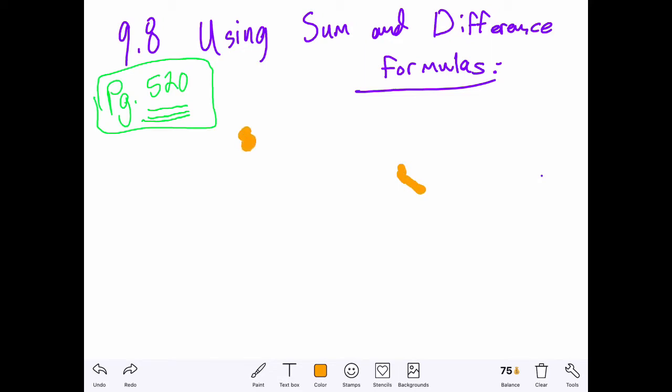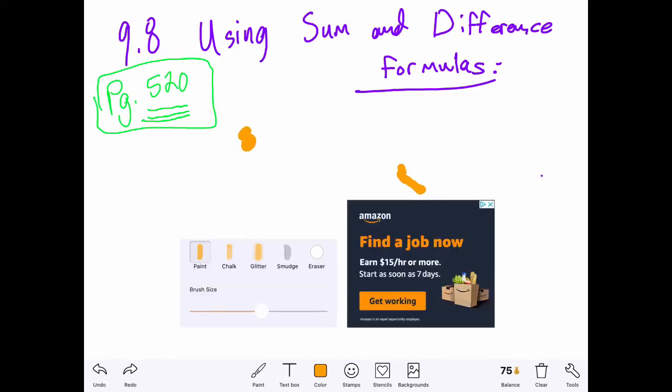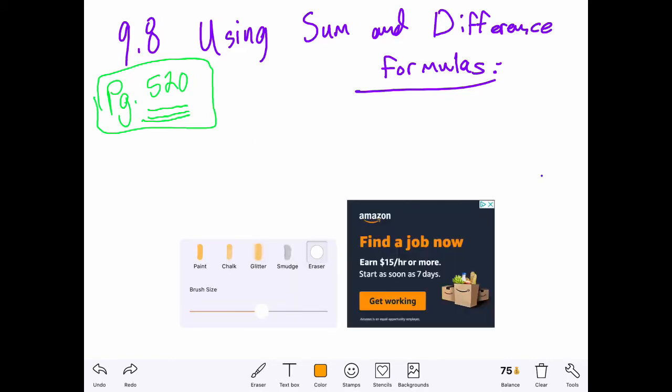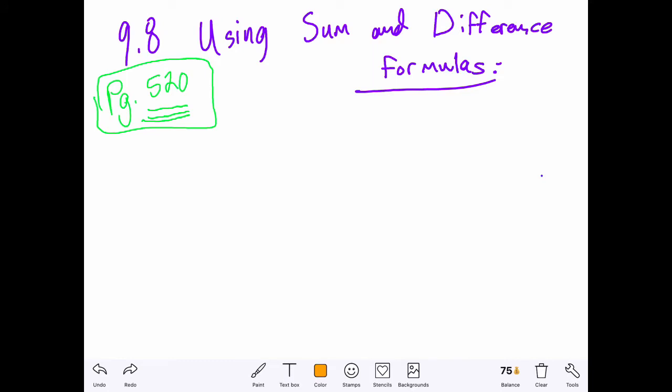Say I wanted to evaluate sine of 15 degrees. Example 1. Well, for the sine of 15 degrees we can use a difference formula in this case, because I can easily get to 15 degrees if I do sine of 60 degrees minus 45 degrees.